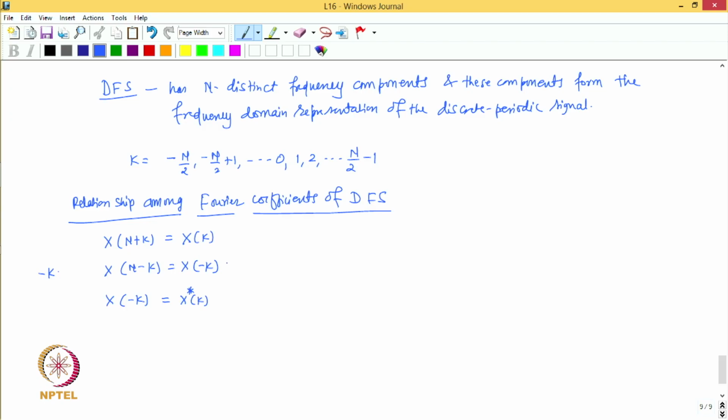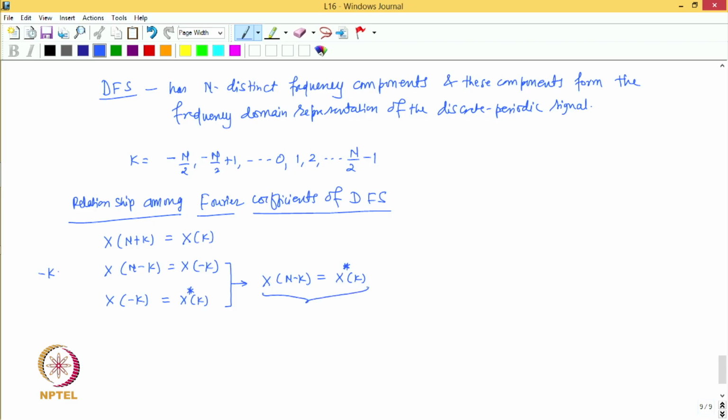So, x minus k is the complex conjugate of xk, and therefore, if I combine these two equations, then we can simply say that x n minus k is equal to xk complex conjugate. So, this is another relationship we get, okay. And what is the meaning of this?